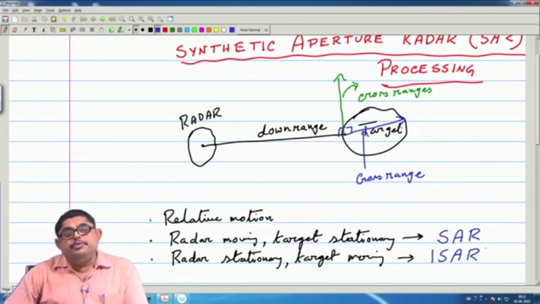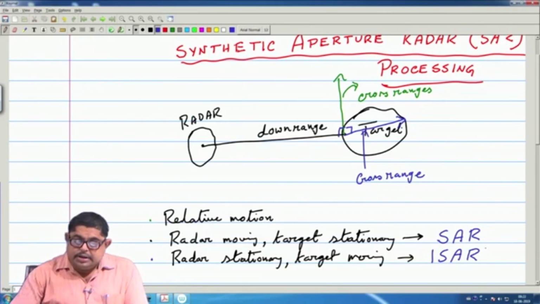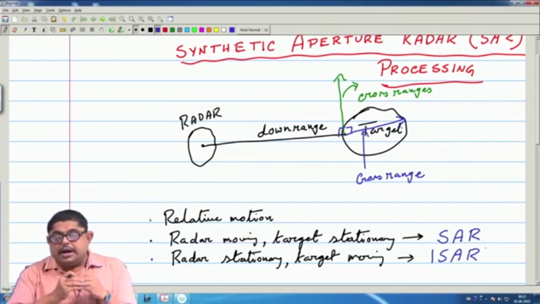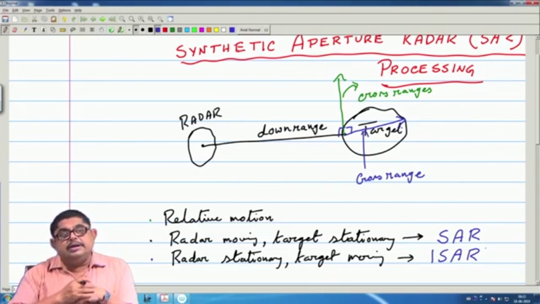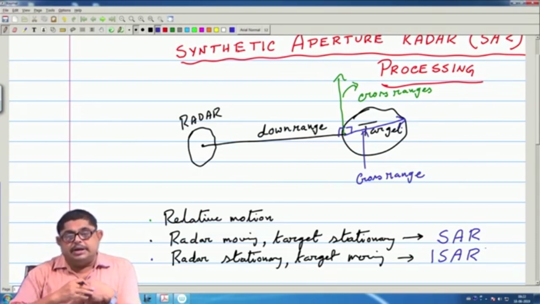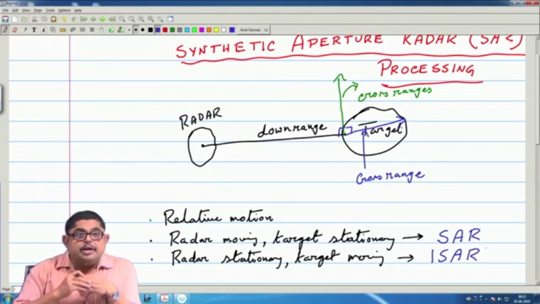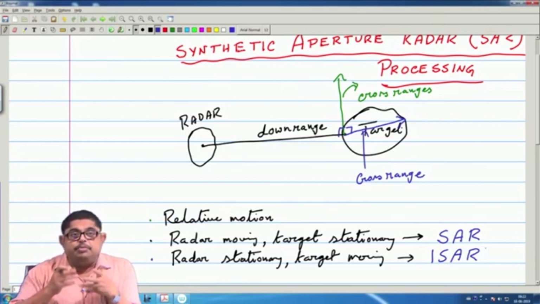You see that this relative motion between the radar and the target creates a Doppler in the echo signal. That means, whatever signal we have sent, due to this movement there will be a Doppler, and that Doppler is intelligently processed.